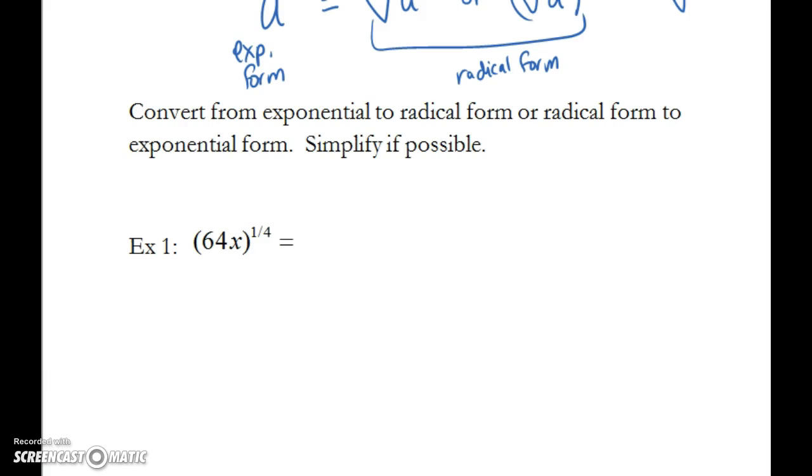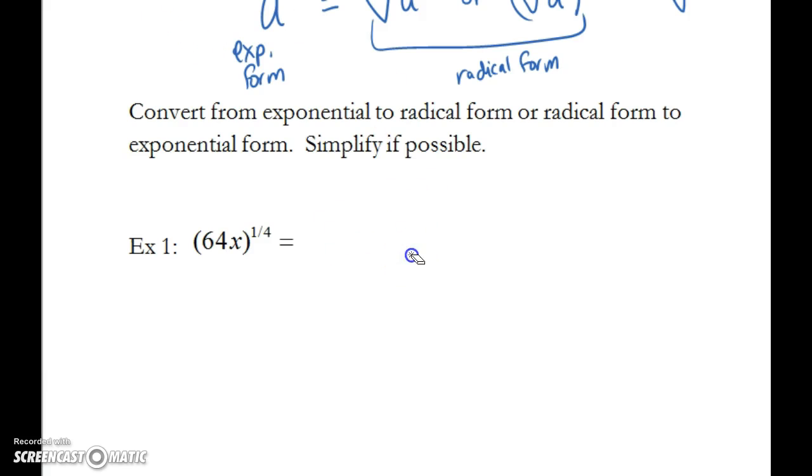So in example 1, we have a product raised to a power. So what we're going to do is take our product and raise each factor in there to the power. That's the product to a power rule. So we are allowed to make this 64 to the 1/4 power times x to the 1/4 power. Oh, I'm sorry, that's not what we're being asked to do.